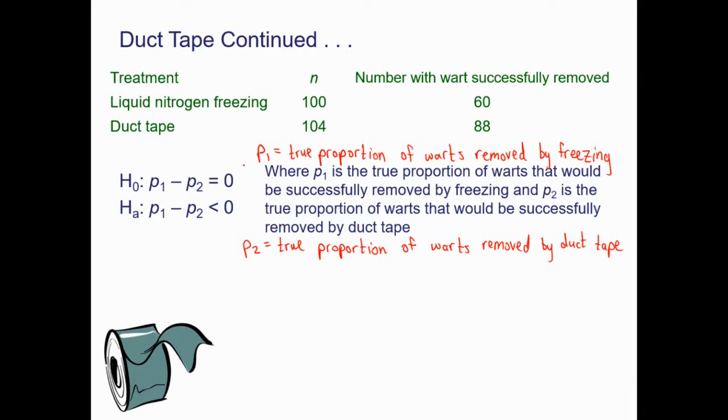And notice that these hypotheses are just really rewritten in the original form from what we had earlier. So, same hypotheses are just written in a little bit different way.